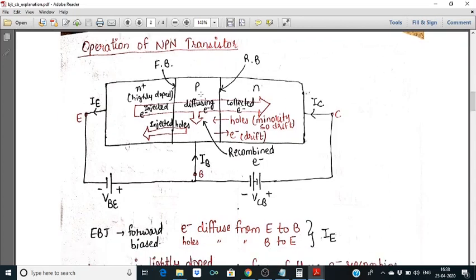This P region is very thin and lightly doped, so there are very few holes in this region. Only a few of the injected electrons will recombine with these holes and give rise to a recombination current IB. The remaining electrons, more than 95%, will be collected by the collector, as we have reverse biased the collector base junction. This terminal will be positively charged, so all the electrons will be attracted here.